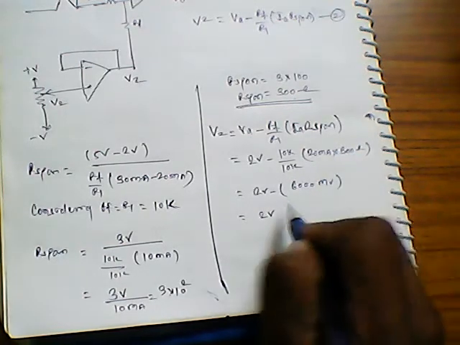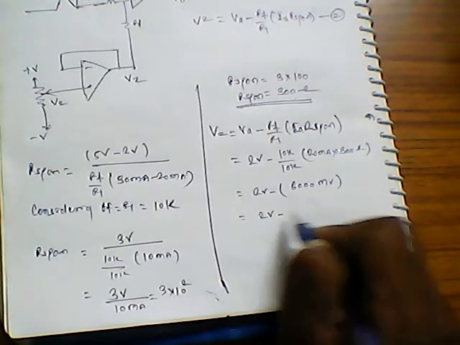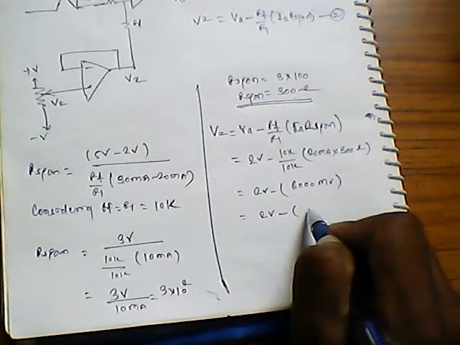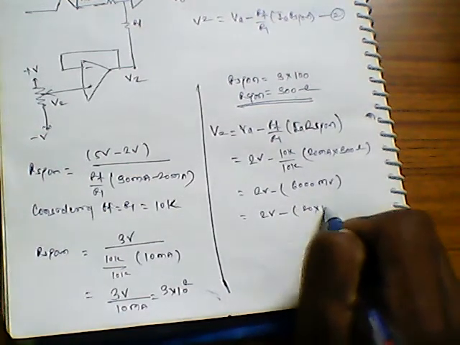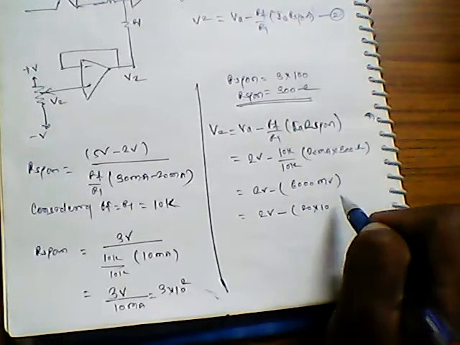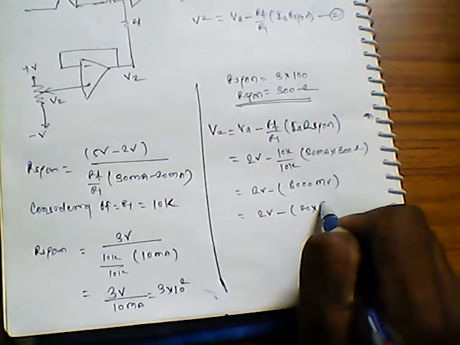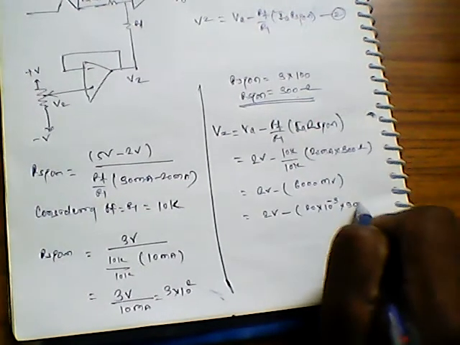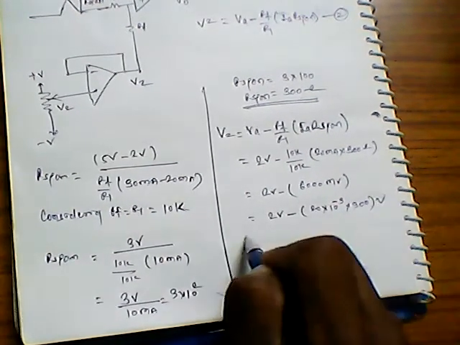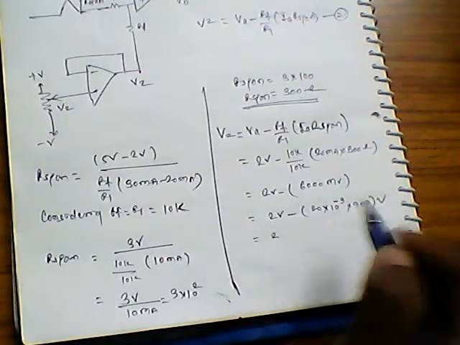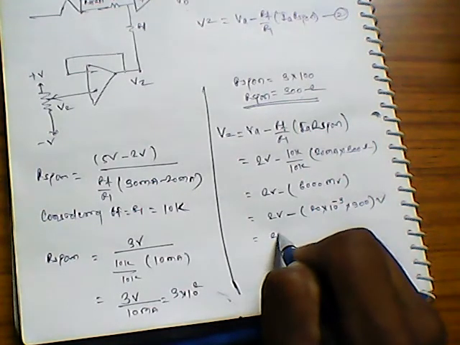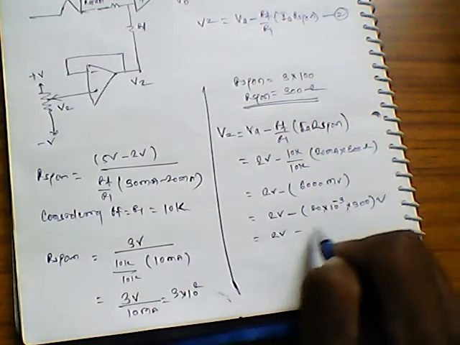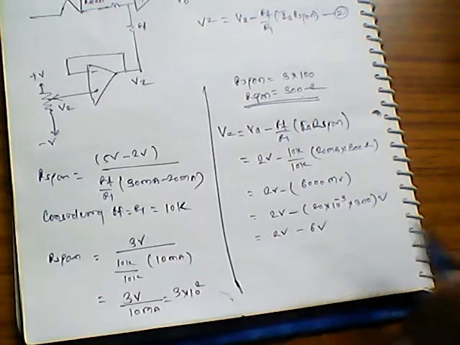Or we can take it as 20 into 10 raised to minus 3 into 300. So we will get 6 volts.